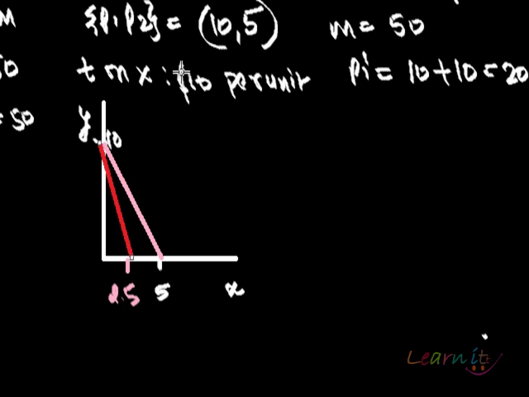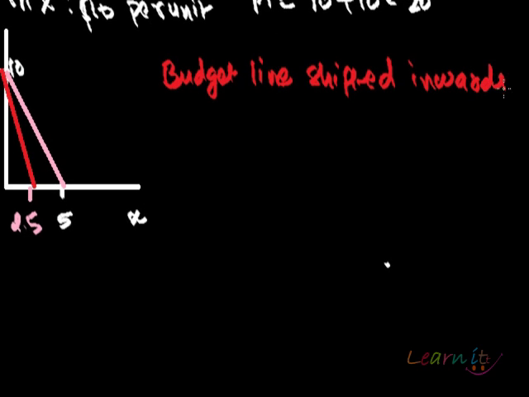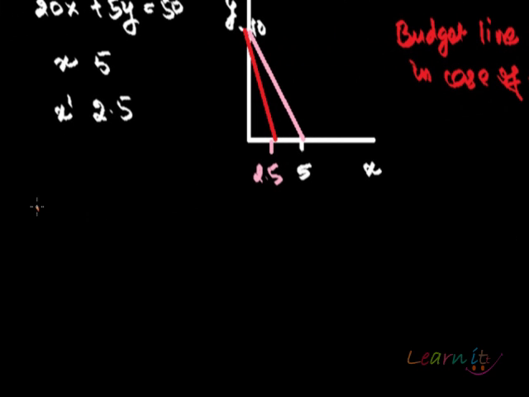The budget line has shifted inwards in case of a tax. Clear?